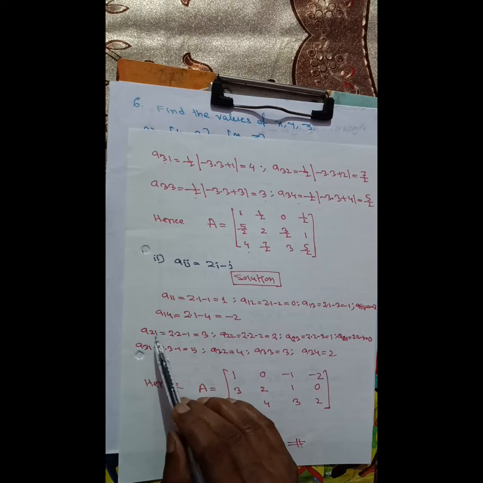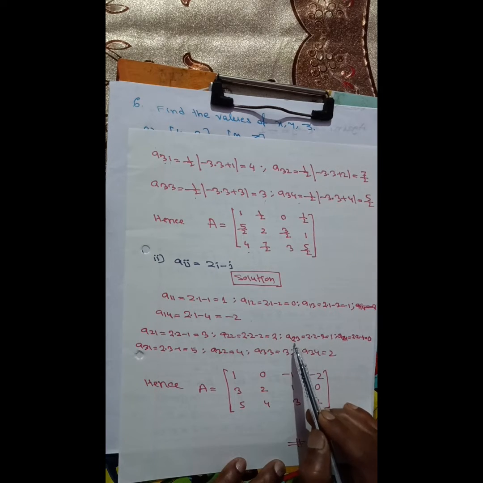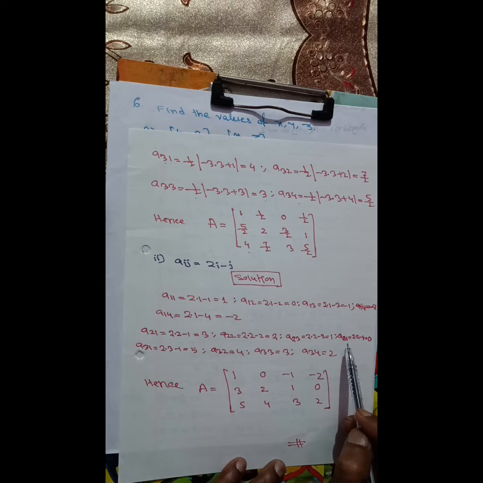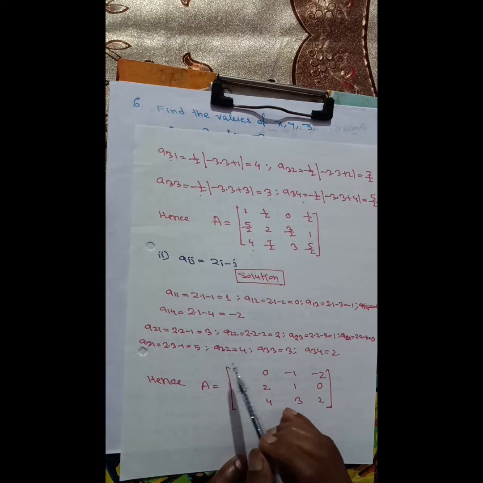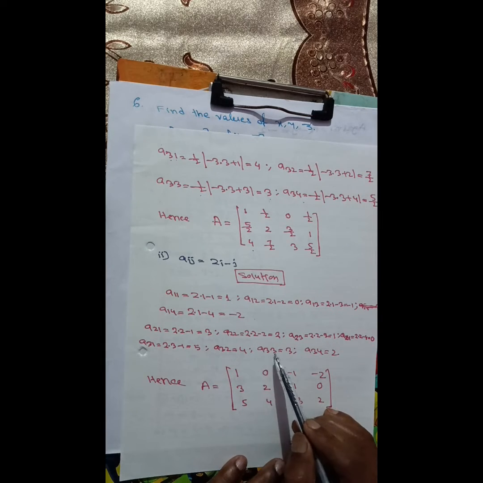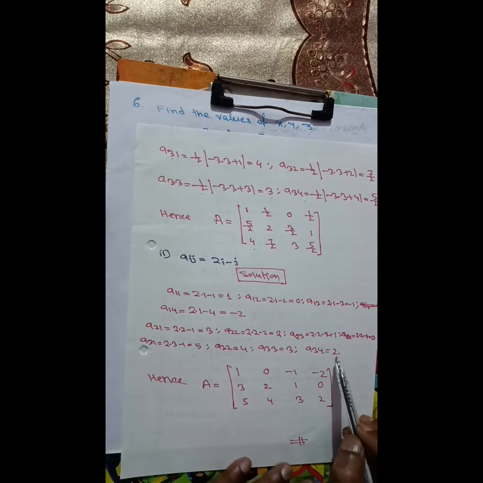Similarly, we find A21 is equal to 3, A22 is equal to 2, A23 we get 1, A24 we get 0, A31 we get 5. Similarly, A32 equal to 4, A33 is equal to 3 and A34 is equal to 2.